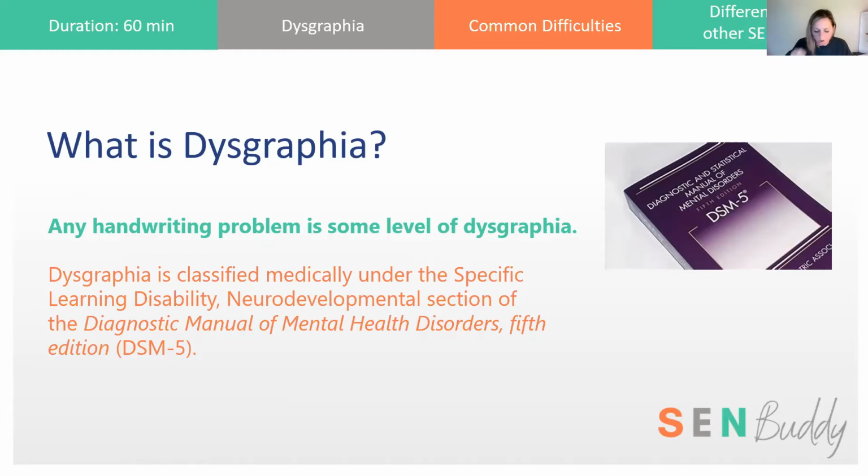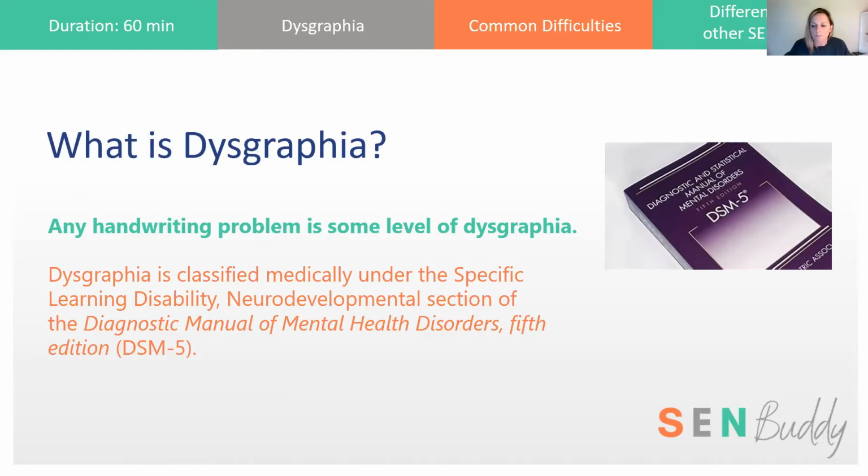So the DSM-5 doesn't actually offer diagnostic criteria for dysgraphia. However, it does include difficulties with written expression. Difficulties with written expression is a specific learning difference. Having read lots of my own pupils' reports, this seems to be the case.